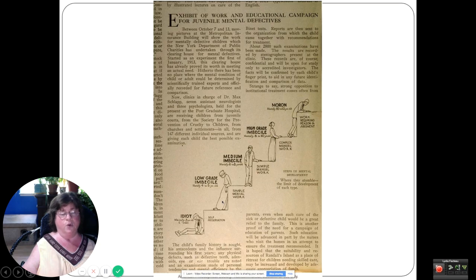Next is a low-grade imbecile, mentally 4 to 5 years old, able to do simple menial work, like maybe sweeping a floor. The last one is idiot, mentally 3 to 4 years or under, and the only thing this person is capable of, even up to adulthood, would be self-preservation. So, interesting ways they designated people at that time.